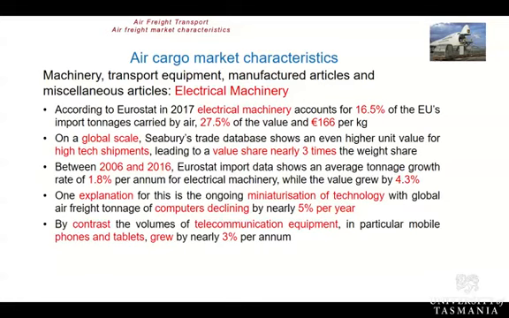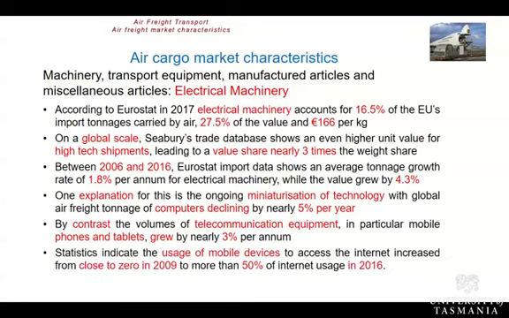By contrast, telecommunications equipment, say tablets, mobiles, is growing at about 3% per annum. And I suppose a further reinforcement of this move toward mobiles is that around 2009, so around 10 years ago, access to the internet by mobiles increased from close to zero to around 50% of internet usage.